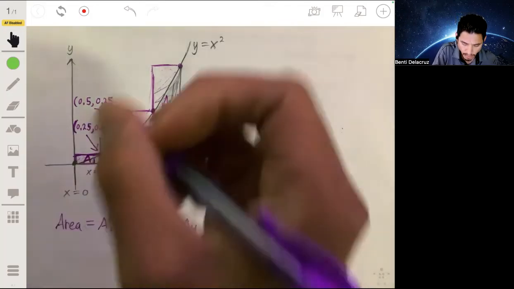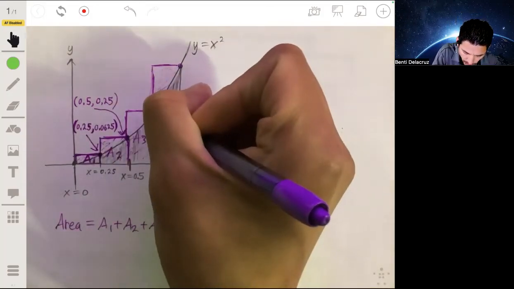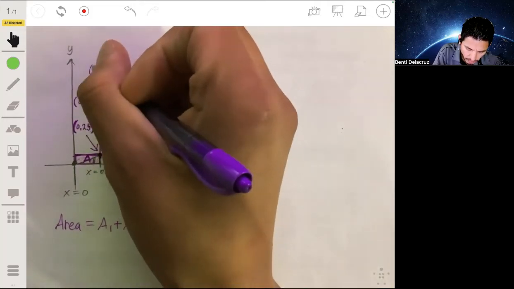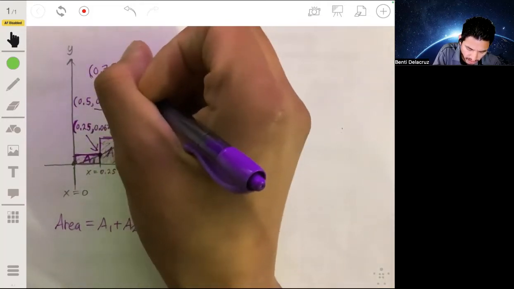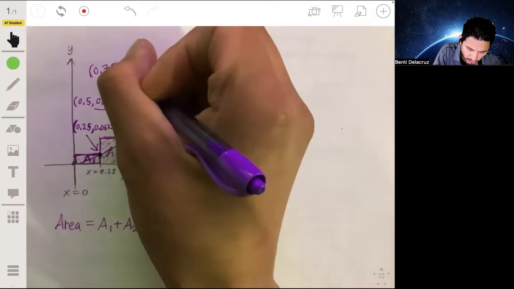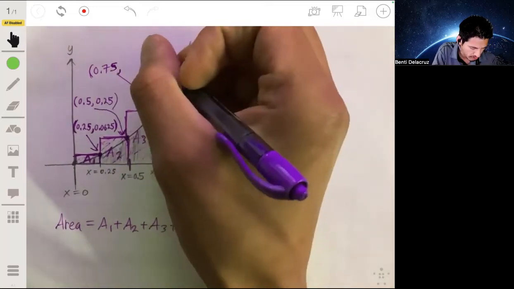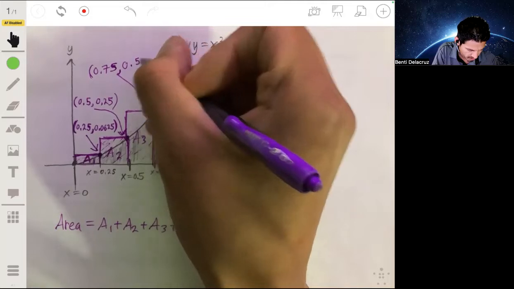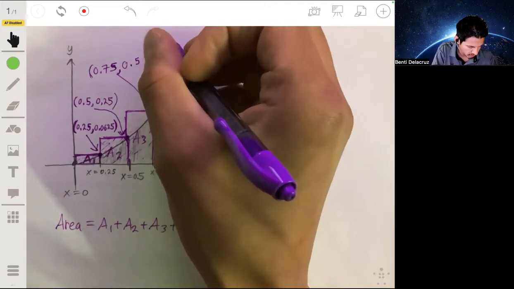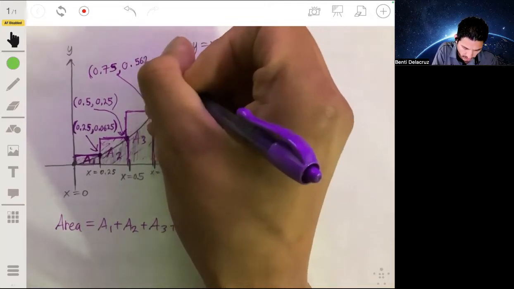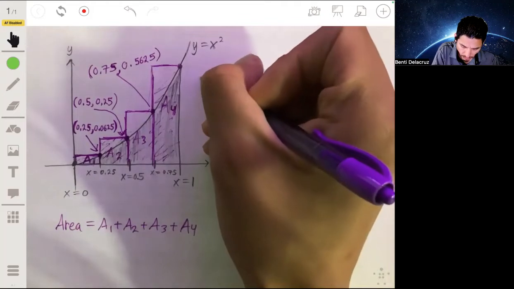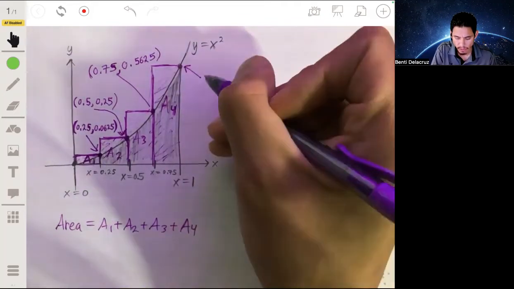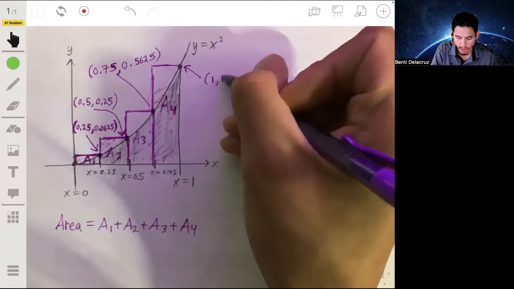And then the top right point of A3 will be at 0.75, and then 0.75 squared for the y value, which we found in the previous part of this problem, be 0.5625, I believe. Let me check. Yep, 0.5625. And then this last point, the top right corner of A4, will be at just 1, 1, which is very simple.